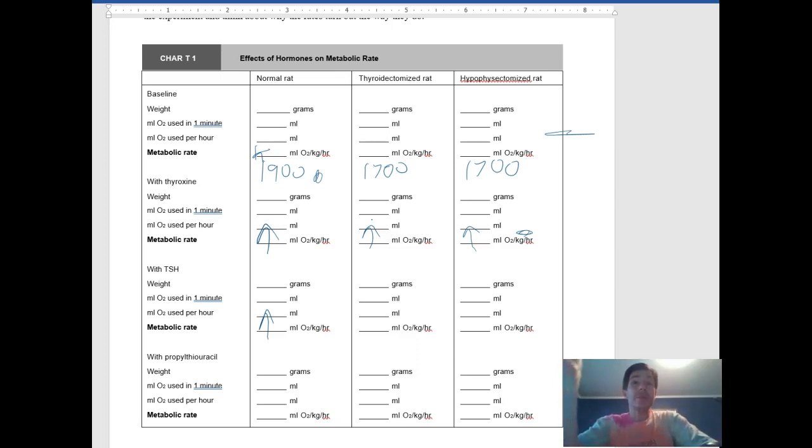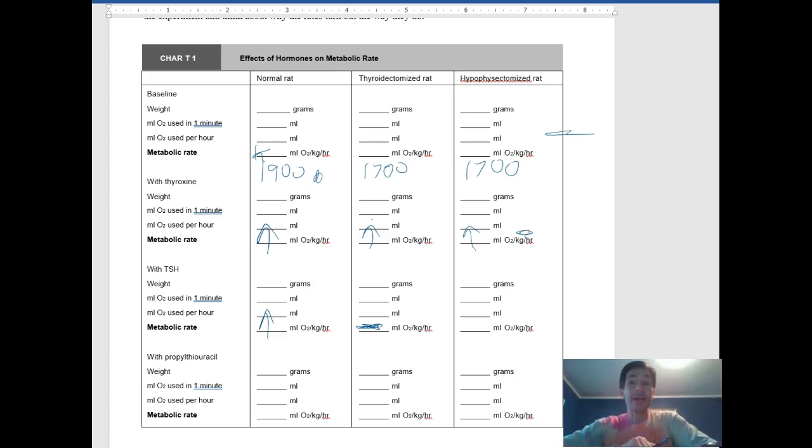So next up, we take our thyroidectomized rat and we inject that with thyroid-stimulating hormone. Should the metabolic rate be higher, lower, or the same as its baseline? It should be the same. I'll just draw a horizontal line there, right? It doesn't have a thyroid, so you can inject it with thyroid-stimulating hormone, and if there isn't a thyroid to stimulate, nothing is going to happen.